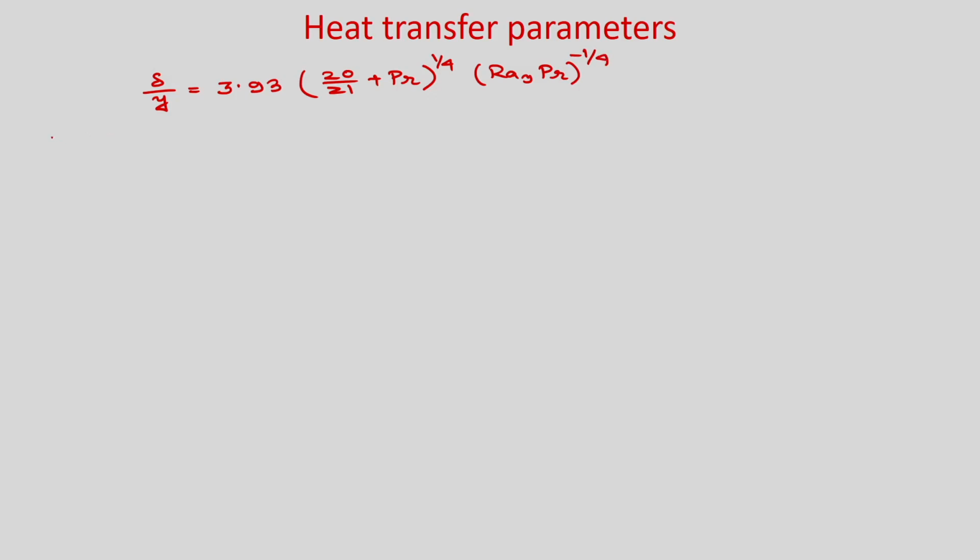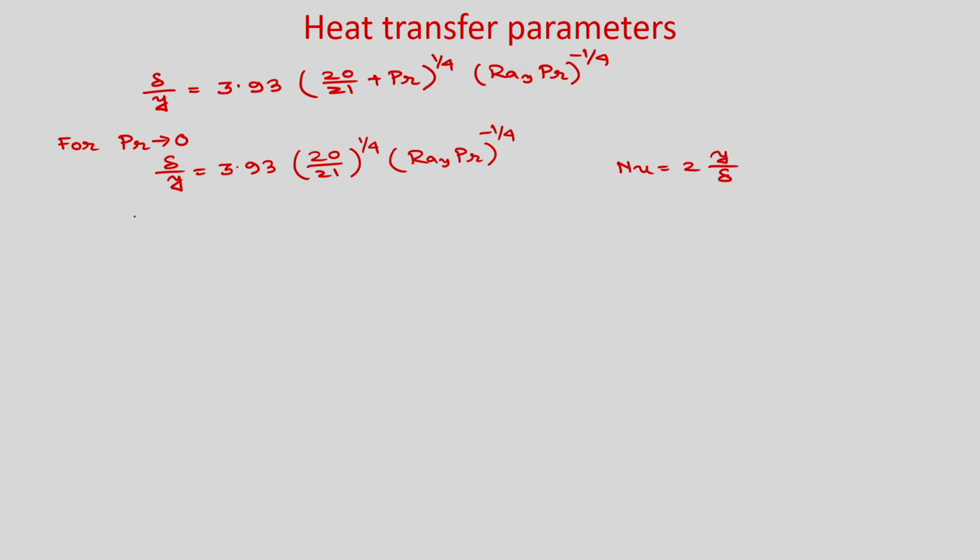So, now consider the limiting case for Prandtl number tends to 0. If Prandtl number tends to 0, you can put this term as 0. So, you can write delta by y is equal to 3.93 (20 by 21) to the power 1 by 4 Rayleigh number Prandtl number to the power minus 1 by 4. From here now you can write the expression of Nusselt number. You know Nusselt number is 2 into y by delta.